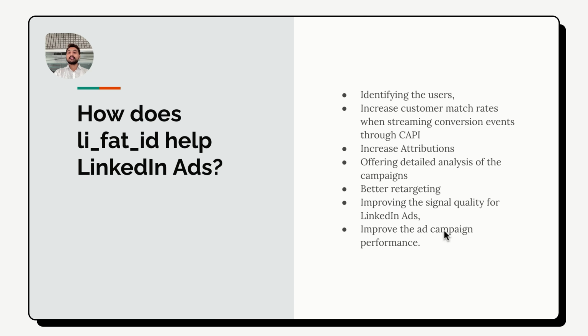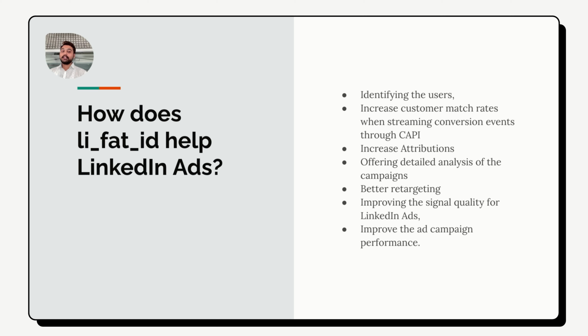Next, how does this LI-FAT ID help LinkedIn ads with all that we discussed just now? Number one, this LI-FAT ID is unique for each user. Unlike click IDs like FB Click ID and Google Click ID, which change for every click, LI-FAT ID will not change. Therefore, it will help LinkedIn identify the users accurately.